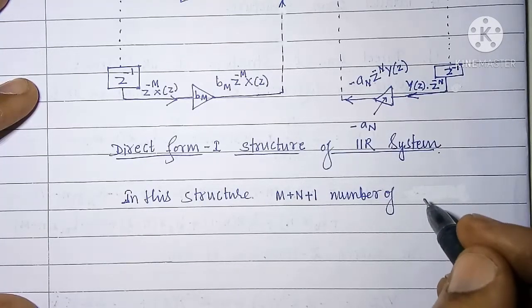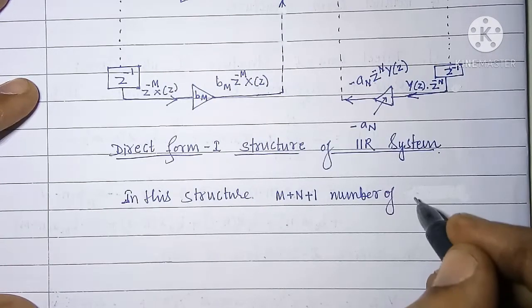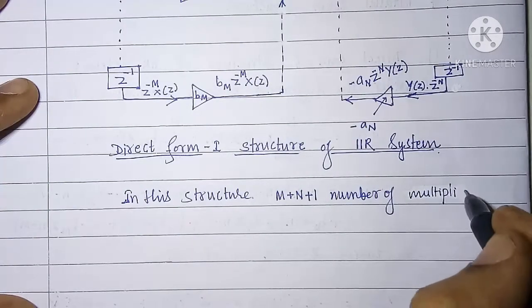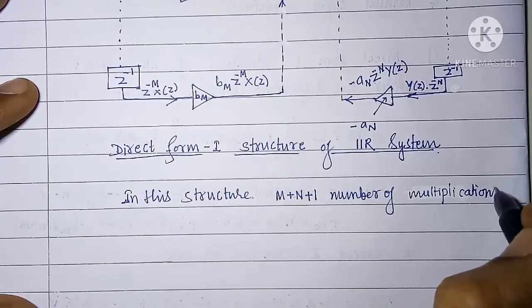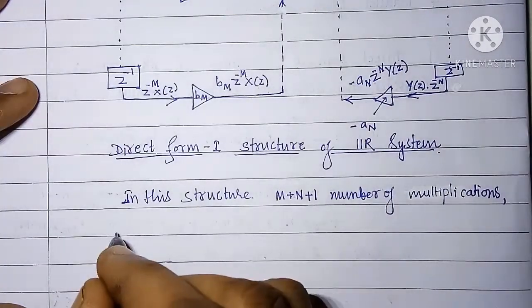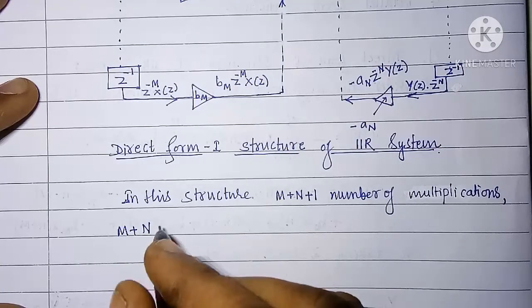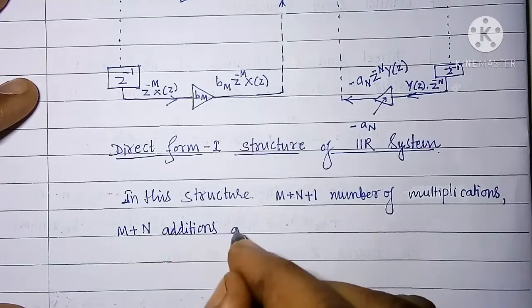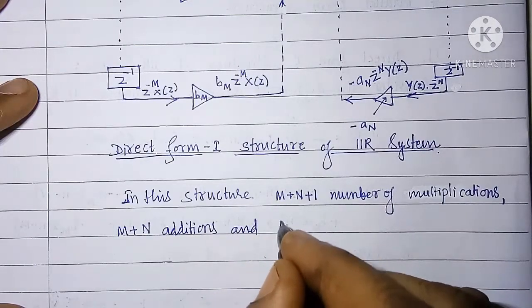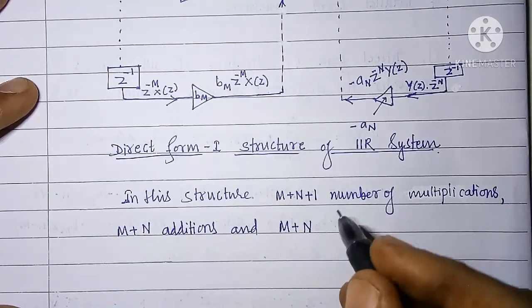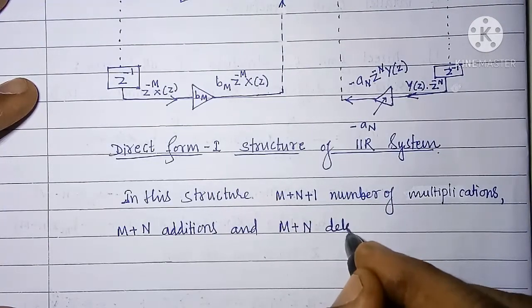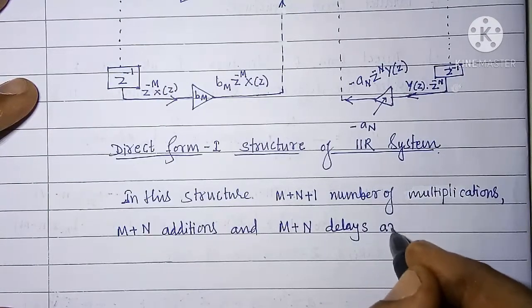In this structure, m plus n plus 1 number of multiplications, m plus n additions and m plus n delays are present.